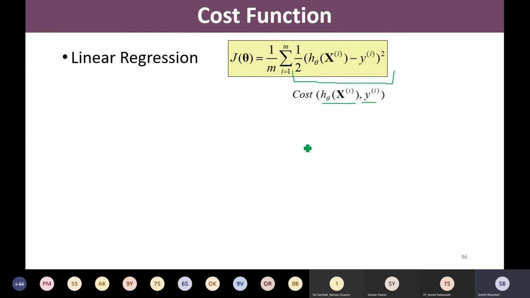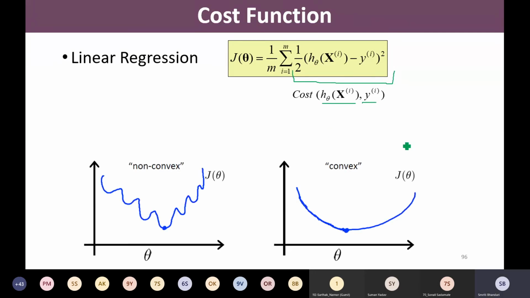I am defining here a new function based on this predicted value and the actual value of y. So let us assume that this entire thing gets replaced with cost of h theta xi, yi. And please remember that our hypothesis h theta is not similar to that of linear regression, but is of this form: 1 divided by 1 plus e to the power minus theta transpose x.